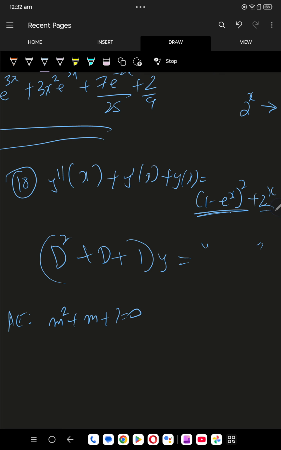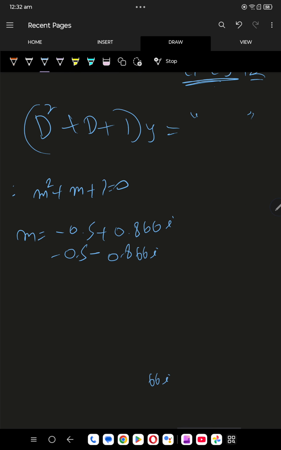We can solve this manually also, but I'll use a calculator to save some time. I got m values as minus 0.5 plus 0.866i and minus 0.5 minus 0.866i.